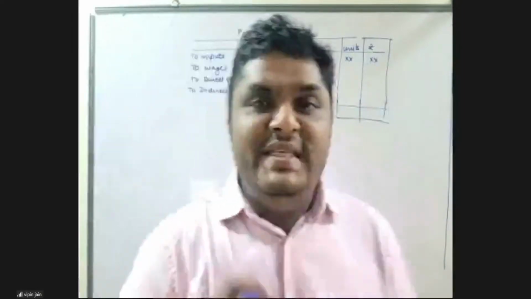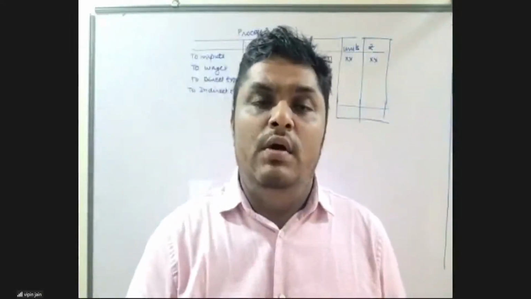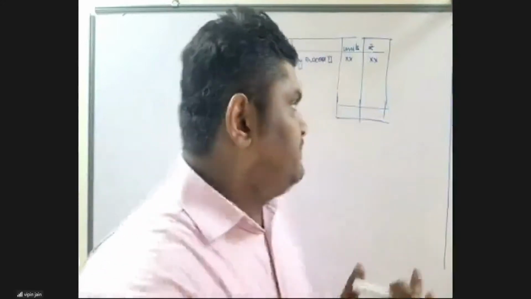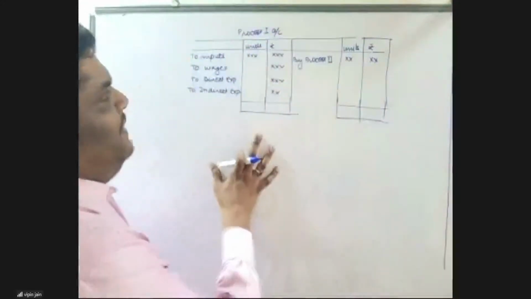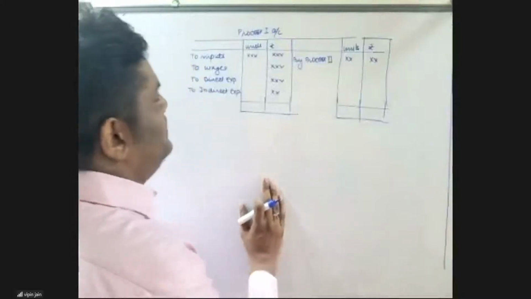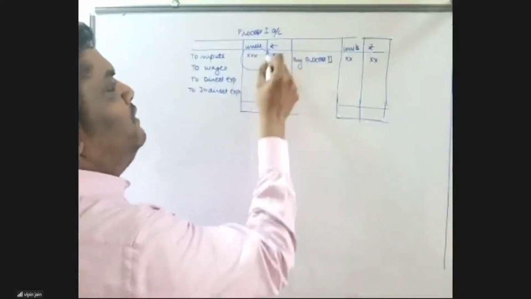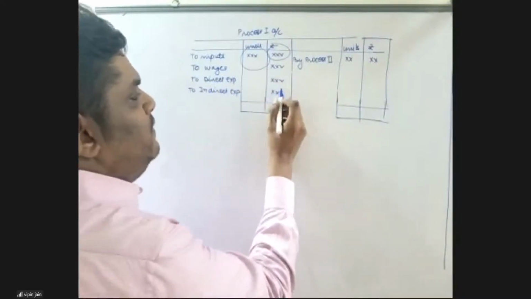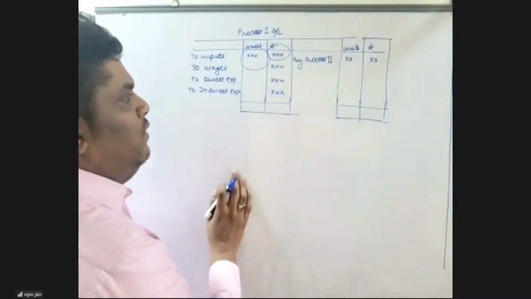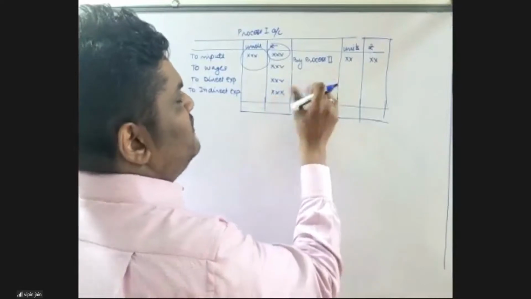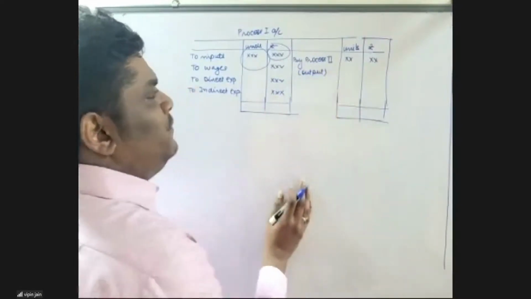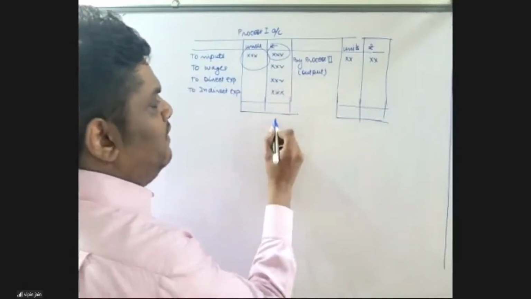I'm preparing the basic pro forma of a process account. I'm ignoring normal loss and abnormal gain, guys. So this is how the basic process account is to be prepared, wherein the inputs, my wages, my direct expenses, my indirect expenses will be shown in the debit side of process account, and the output of process first is transferred to the next process, let's say process second.